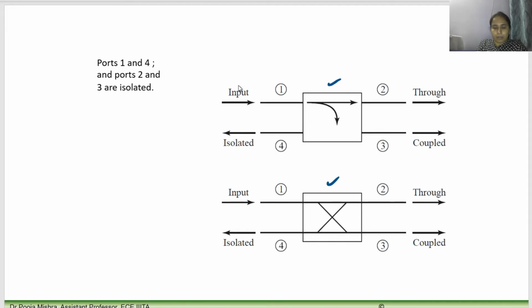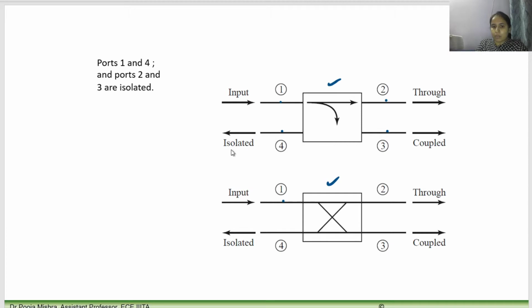If you give an input at port 1, this is port 1, 2, 3 and 4. So if you send a signal from port 1 to port 2, some power will also be coupled into port 3. However, there will not be any power which will couple to port 4.